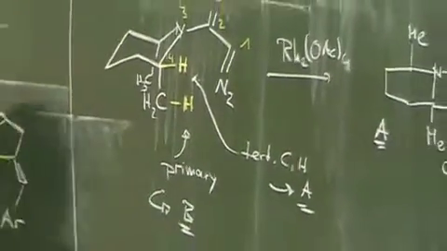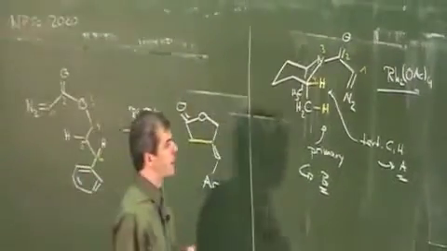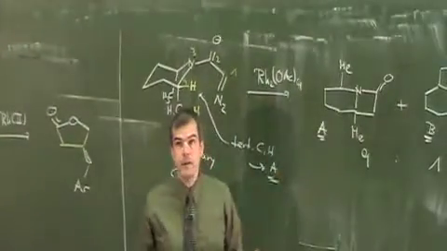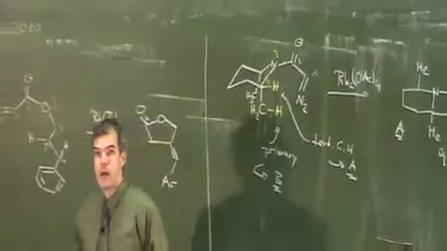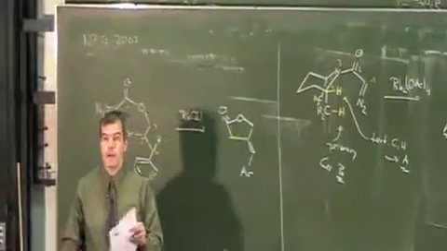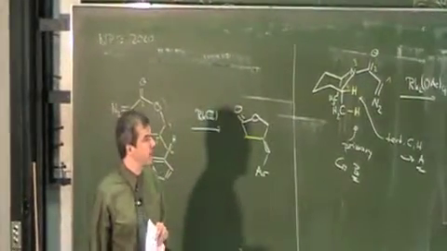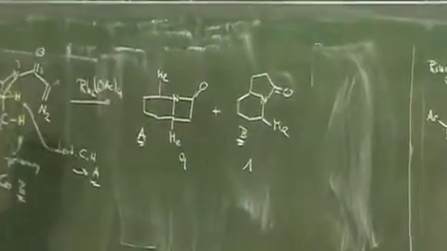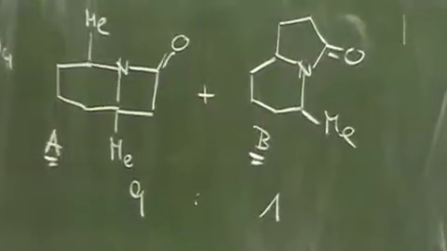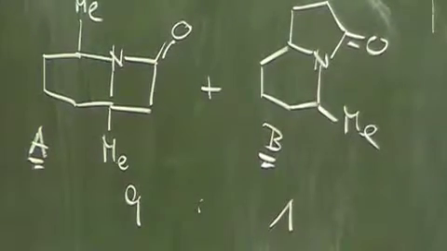Beta-lactams are the principle in penicillin antibiotics, and actually quite a number of syntheses exist now where the penicillin or the beta-lactam bicycle found in these antibiotics is being prepared in this way.